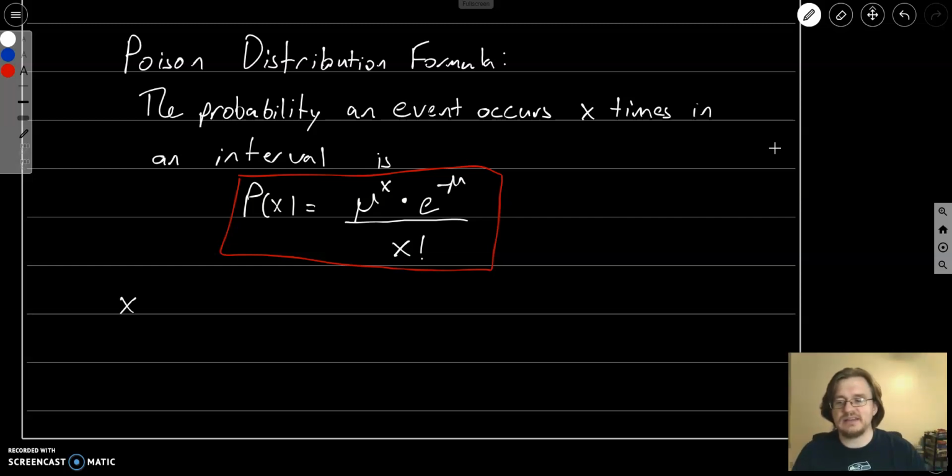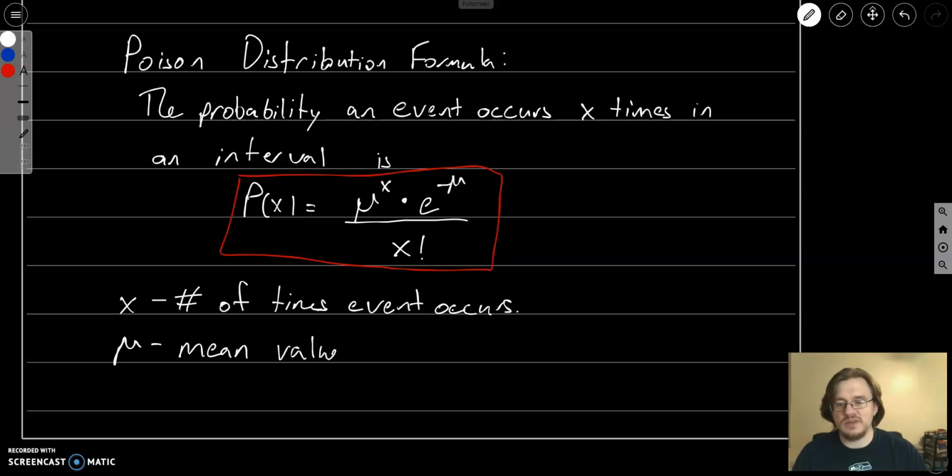So X is the number of times the event occurs. Mu, like usual, is going to be the mean. So this is going to be the mean value of X.